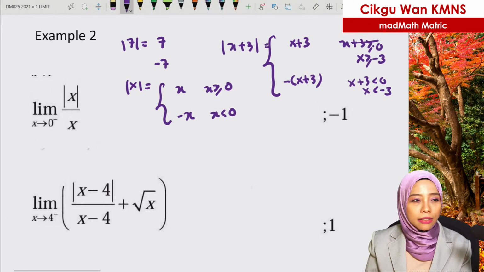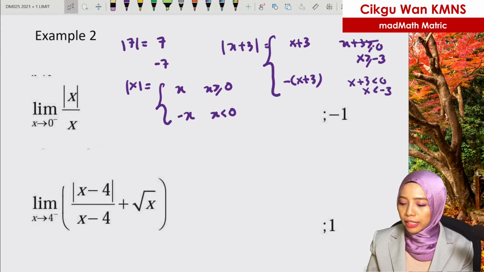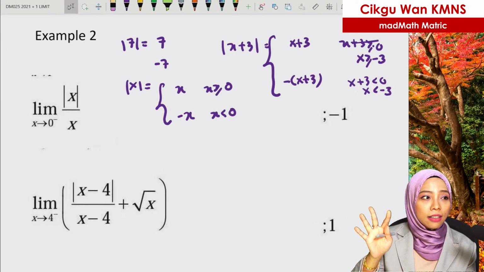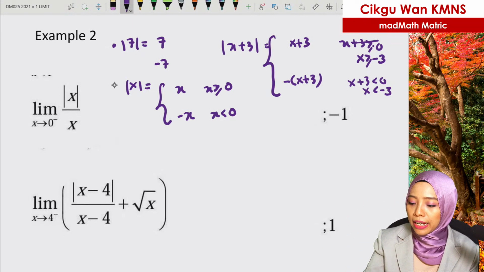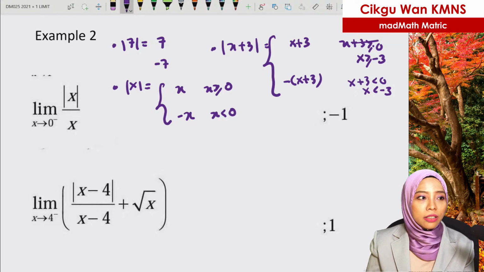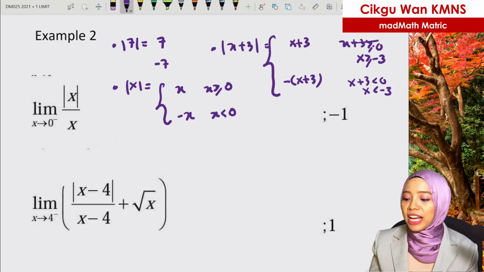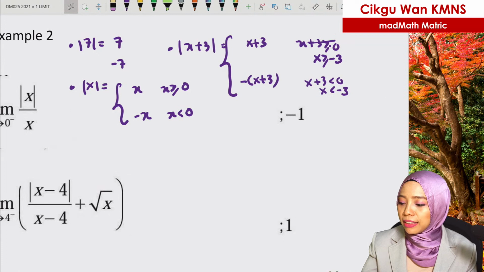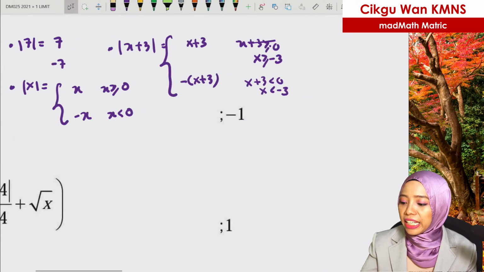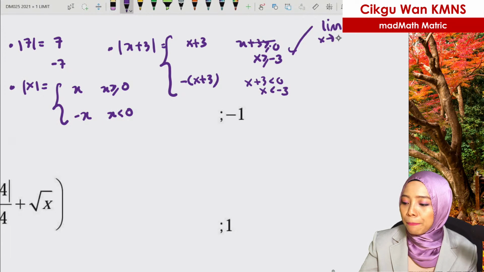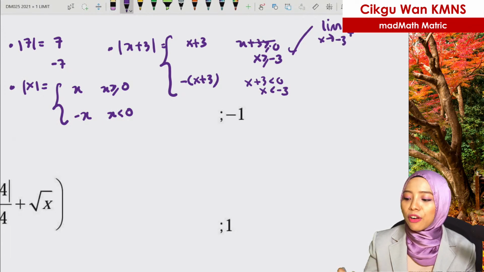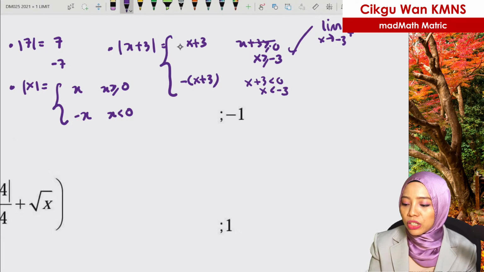Okay, write down a bit here. Alright, clear? The example that I have given to you, these 3 examples. Why does this matter? Because later on, if the question wants you to find the limit as x approaches negative 3 from the right, which function are you taking?